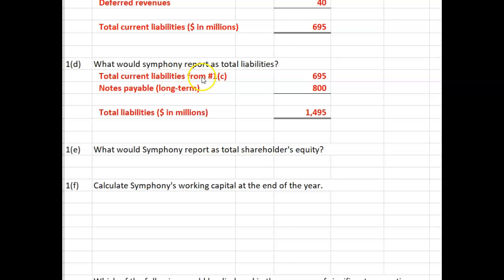Total current liabilities from the solution we got to question number 1C above, $695 million. Notes payable specified as long-term, $800 million, for a calculated total liabilities of $1,495,000,000.